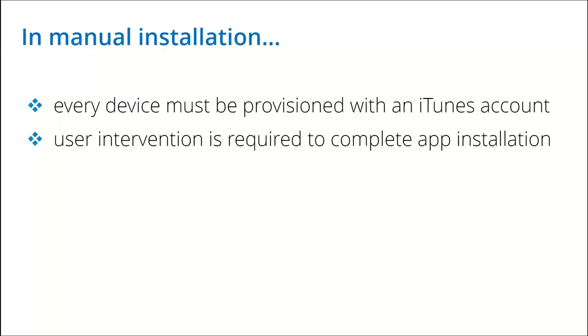So as you have seen now, every device should have an iTunes account for the installation of application, and user intervention is of course required when you go with the manual installation process. But what if the users are not technically viable to have individual iTunes accounts to be entered?